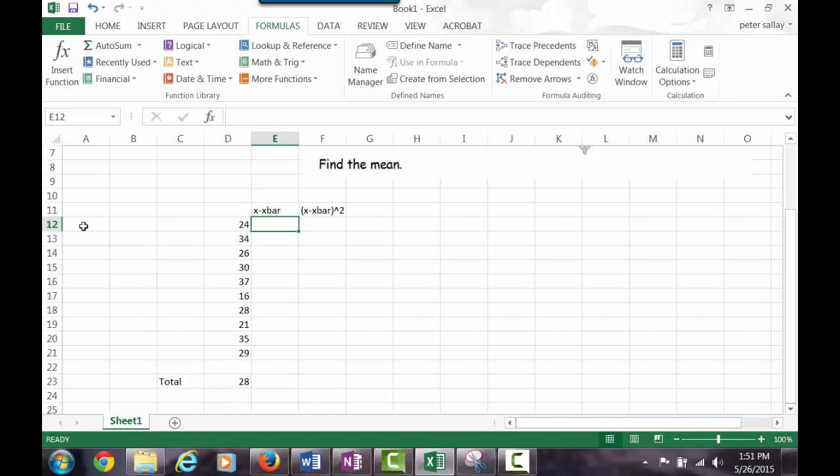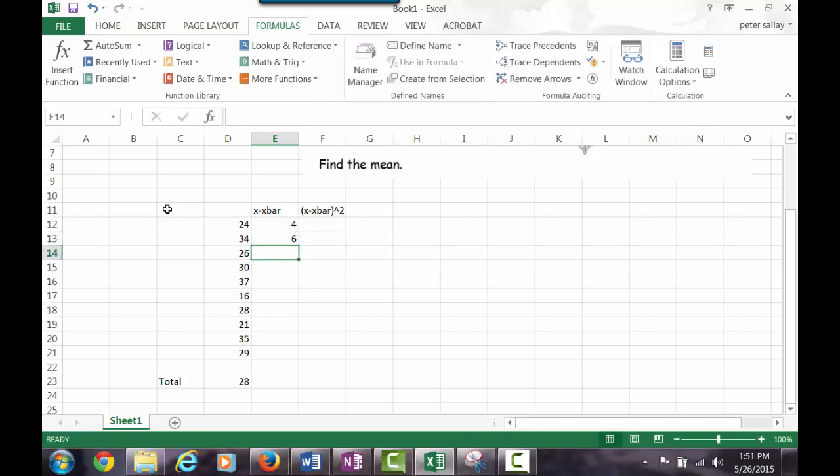Okay, so the next part of our chart we're going to fill in is we're going to take each of these numbers, the 24, the 34, the 26, and I want to figure out how far are they from the average value. So I'm going to go 24 equals 24 minus 28 and get a number equals 34 minus 28.